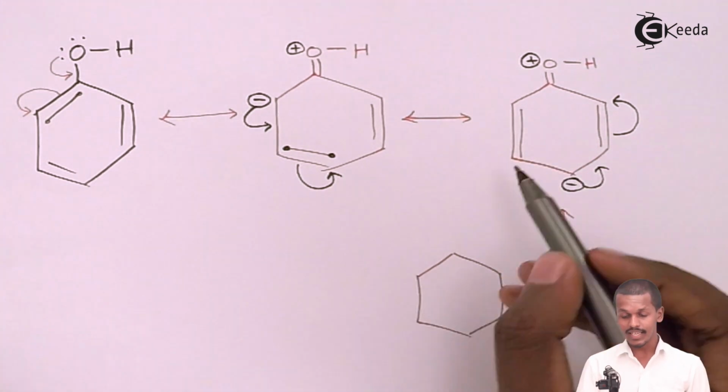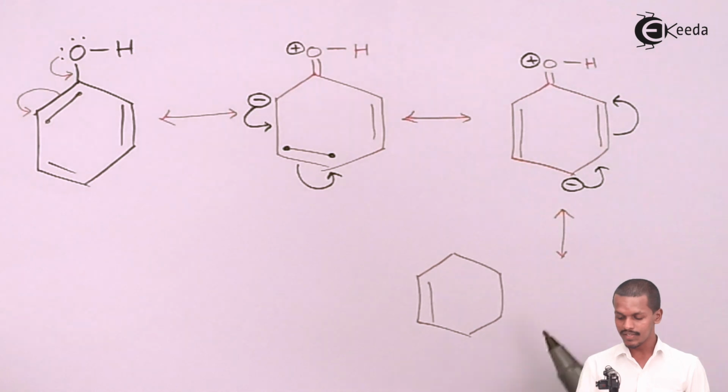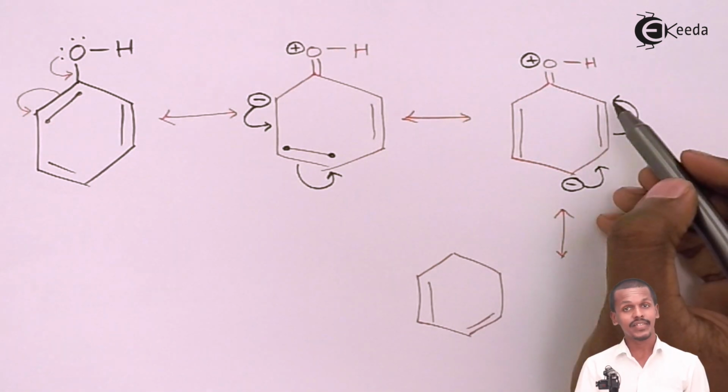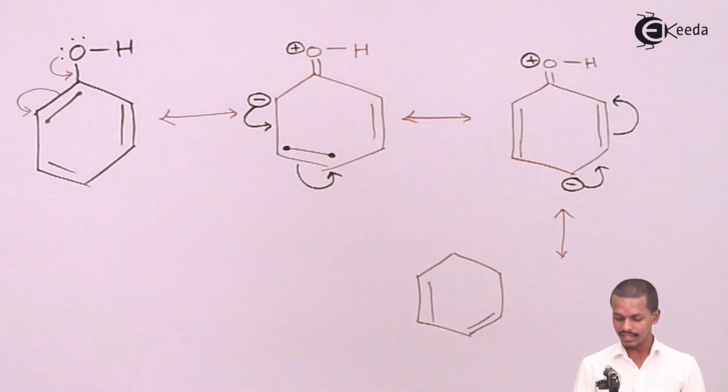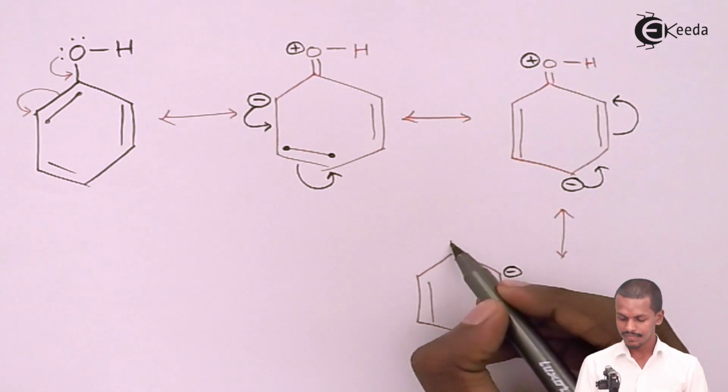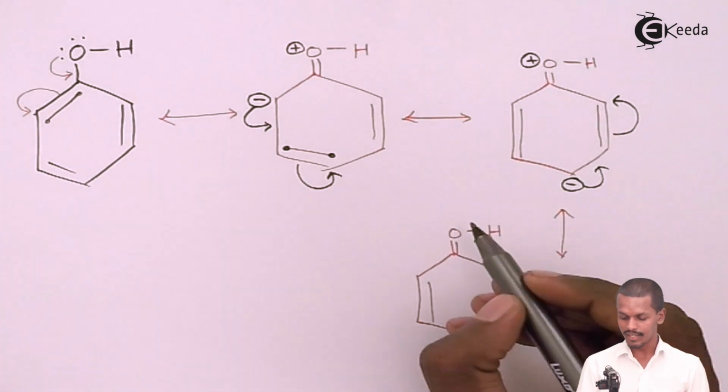Here the double bond would be in the same position, here there is a double bond formation, and here there would be a negative charge, so I would write it in this manner, and this would be the same thing, unaffected for a while.